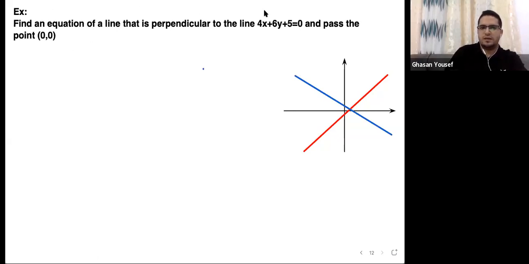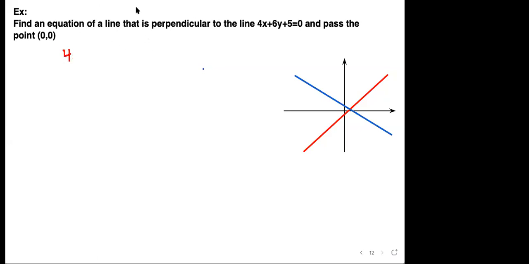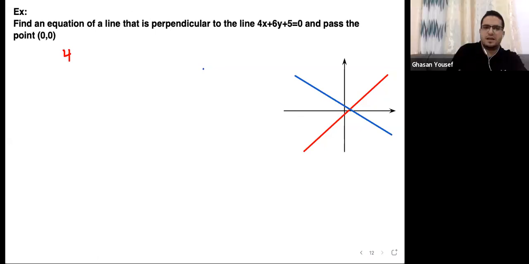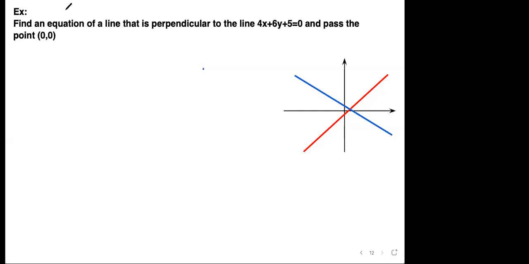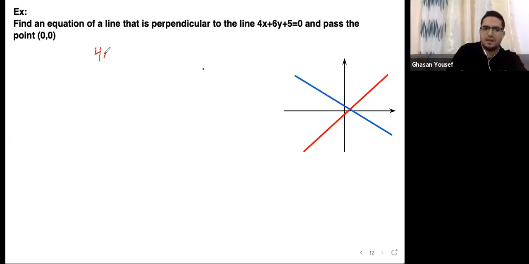The slope of the red one is given from this equation. How can we rewrite this equation in slope-intercept form? It's the same equation as before, so we can just write y equals minus 2/3 x minus 5/6. Yes, it's the same as the previous example, 4x plus 6y plus 5 equals 0.